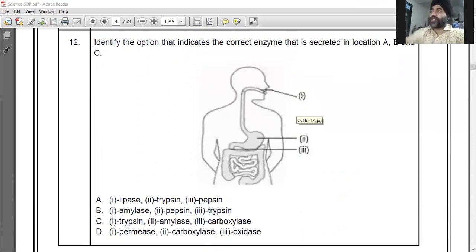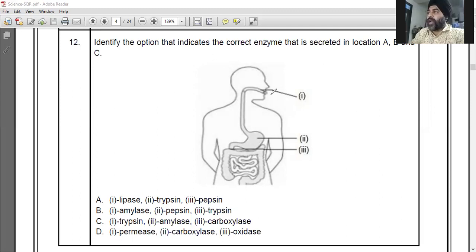Now again, a very good question. In this, again some labelings are there, and the question is that we have to identify the correct enzyme that is secreted at these different locations. Now in first, it is mouth.